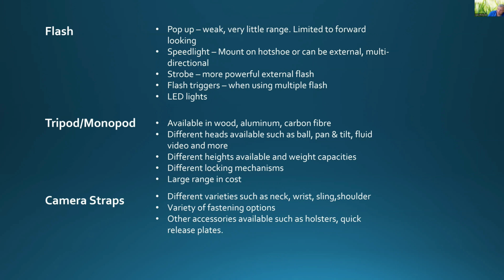There's a large range in cost. You could go to McBain and get a tripod, I would guess maybe even up to $1,000, or you can go on Amazon and get something for $20 if you wanted. I wouldn't necessarily recommend a $20 tripod after you've invested a lot of money in your camera.